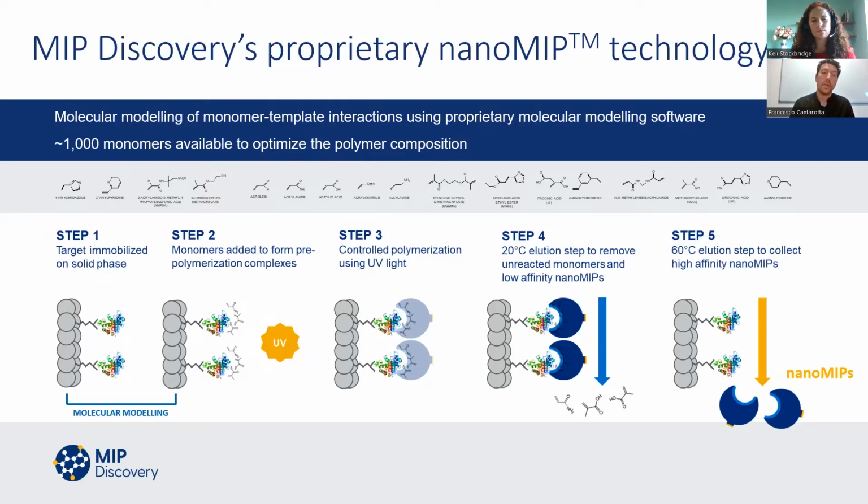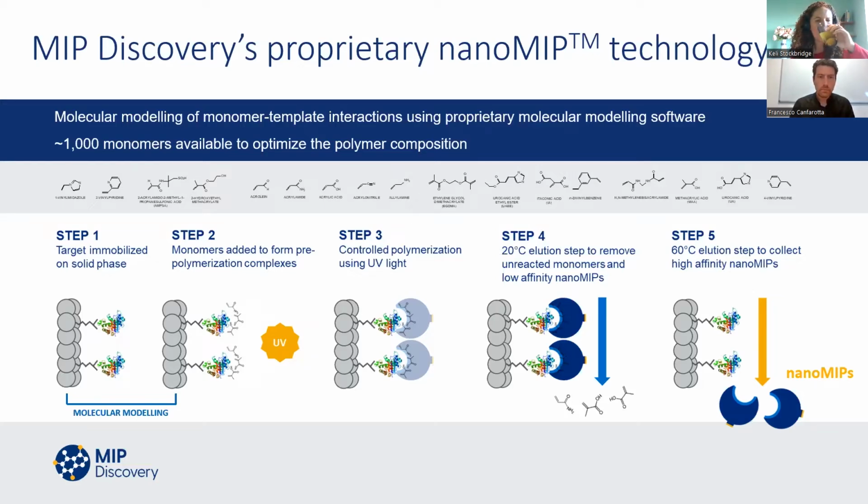We then trigger the polymerization. In this example, we do so with the use of UV light, which means we are making use of a photolabile initiator, but we can trigger the polymerization with other means that do not involve the use of UV light. By triggering the polymerization, as mentioned in the previous slide, we essentially freeze the monomers and create a 3D entity, a nanoparticle, as you can see from those blue circles.